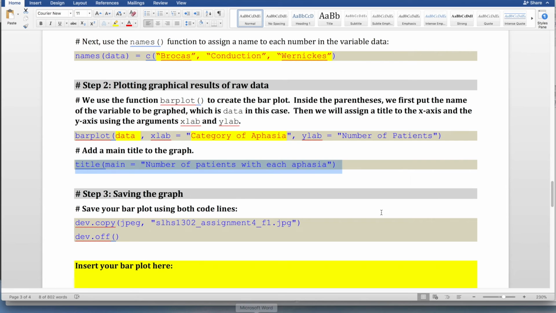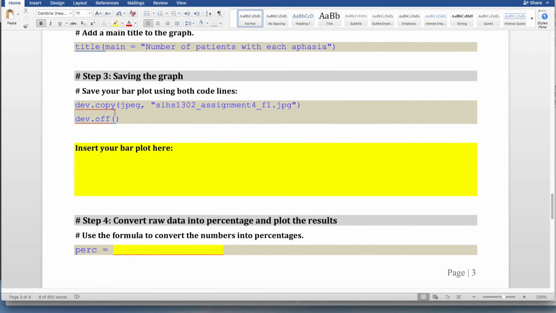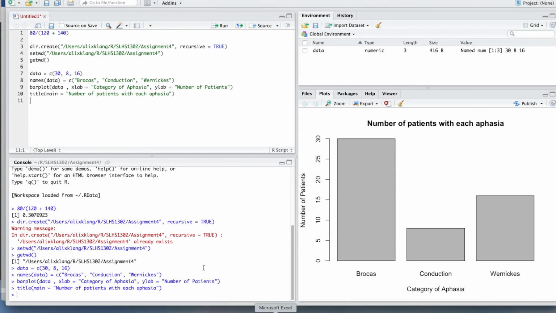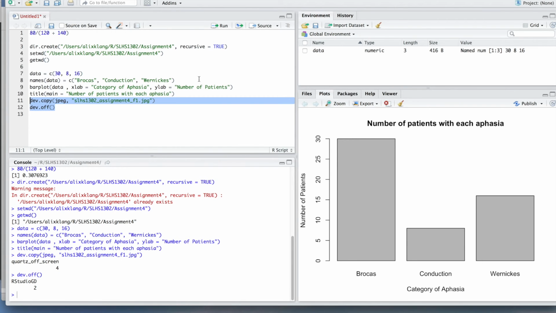If you go back to your Word document, it's showing that you're going to want to save this image and then also insert it into your assignment document. So we'll copy these lines for saving it, and we'll run them. You'll see down here that they ran to be saved.